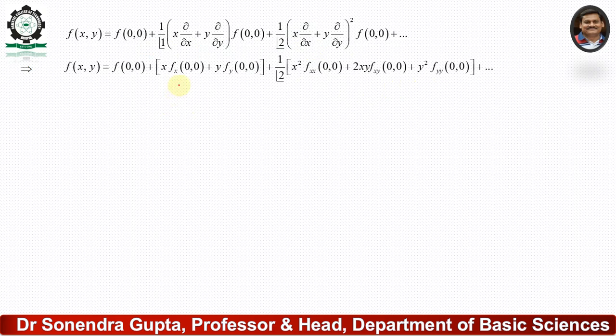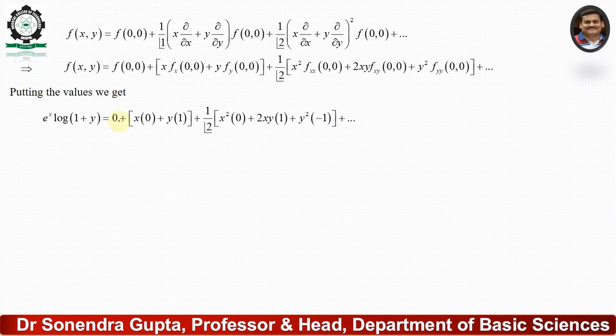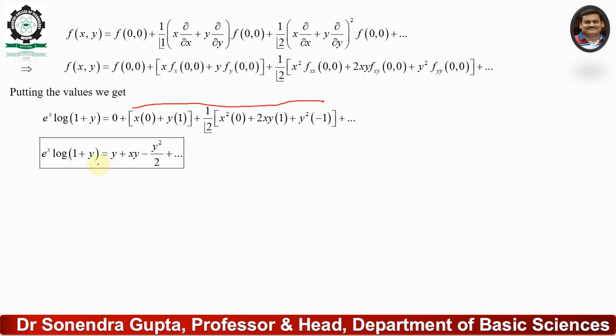Then putting the values, we get x times 0, y times 1, 1 upon factorial 2, x square times 0, plus 2xy times 1, y square times minus 1. Then we can simplify it, and we get e to the power x log 1 plus y equal to y plus xy minus y square upon 2. Now this is your required answer.